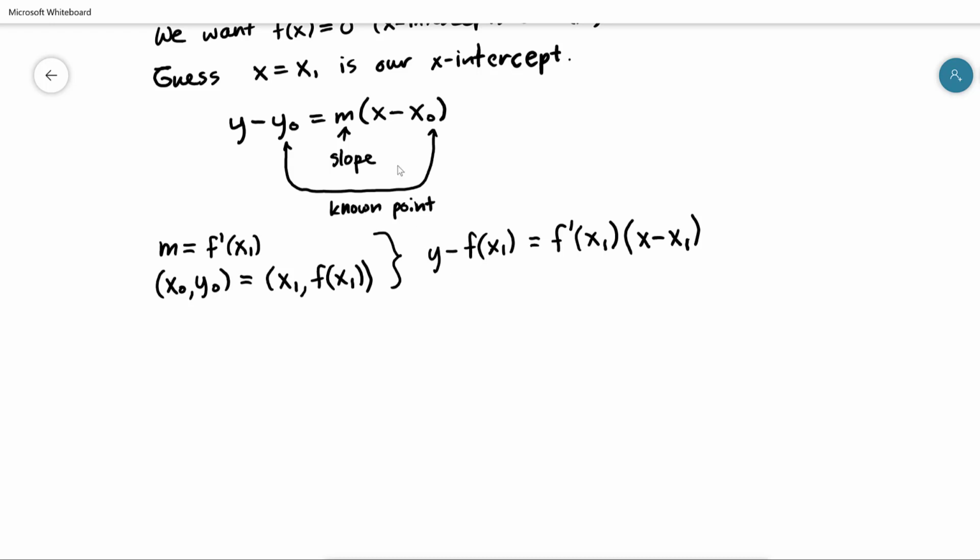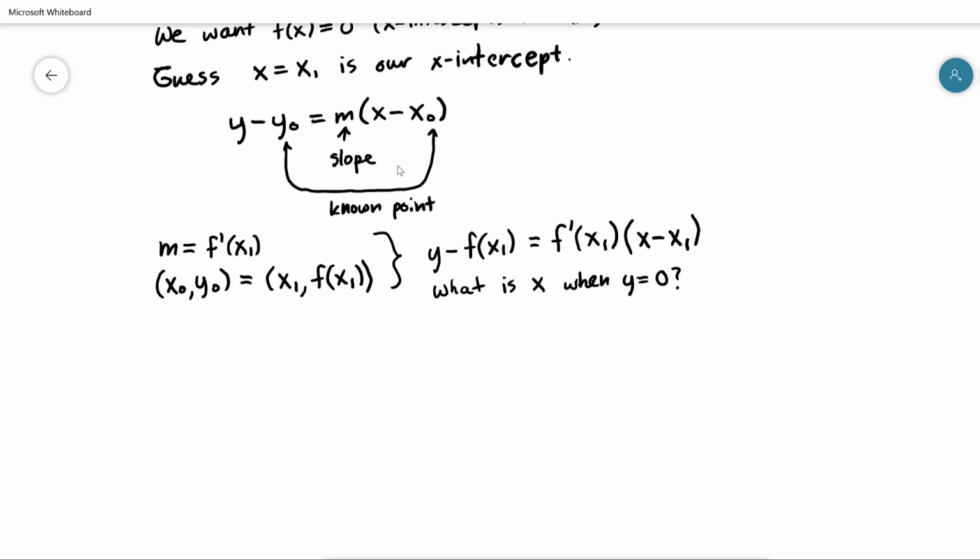And so we can essentially just plug in that point. What is x when y equals 0? That's what we're trying to do.